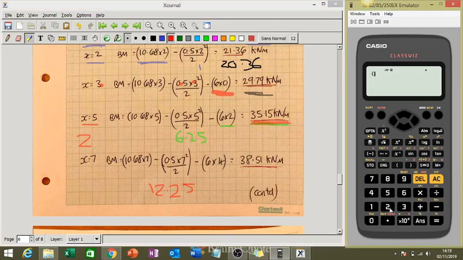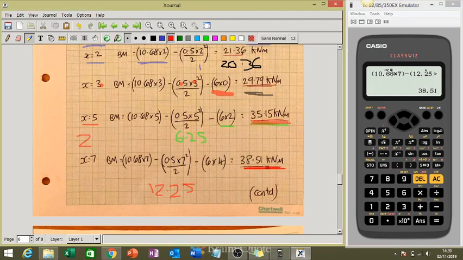So 10.68 times by 7. Take away 12.25. Take away 6 times by 4. That gives me 38.51 kilonewton meters. Don't forget the units.